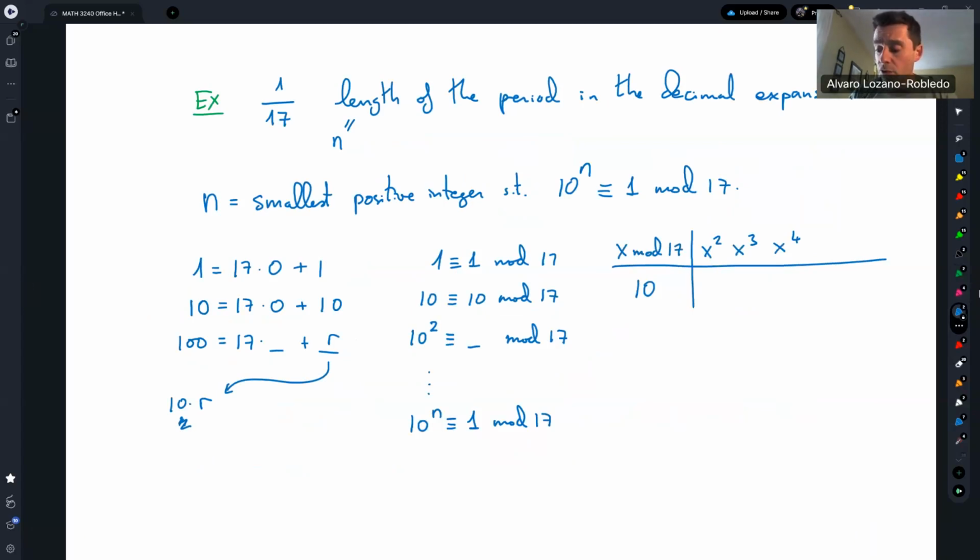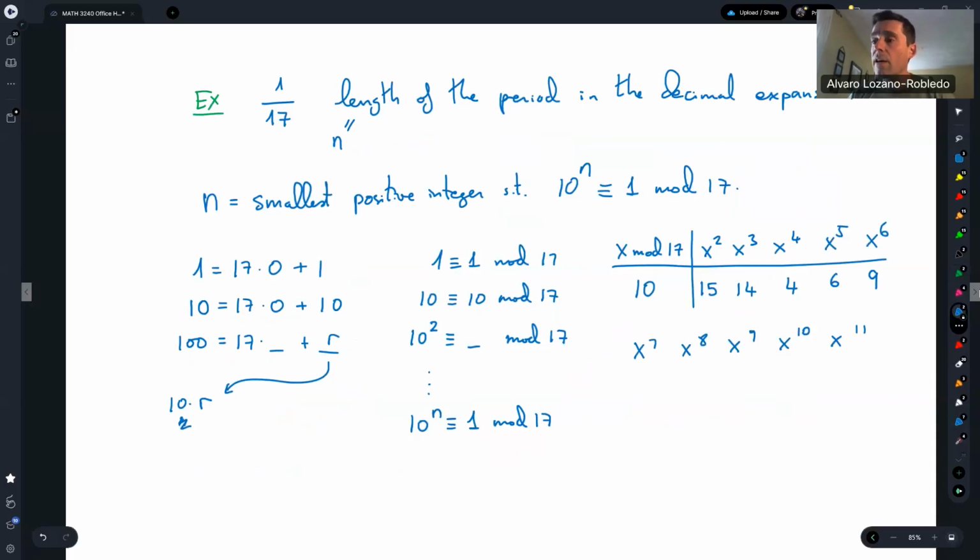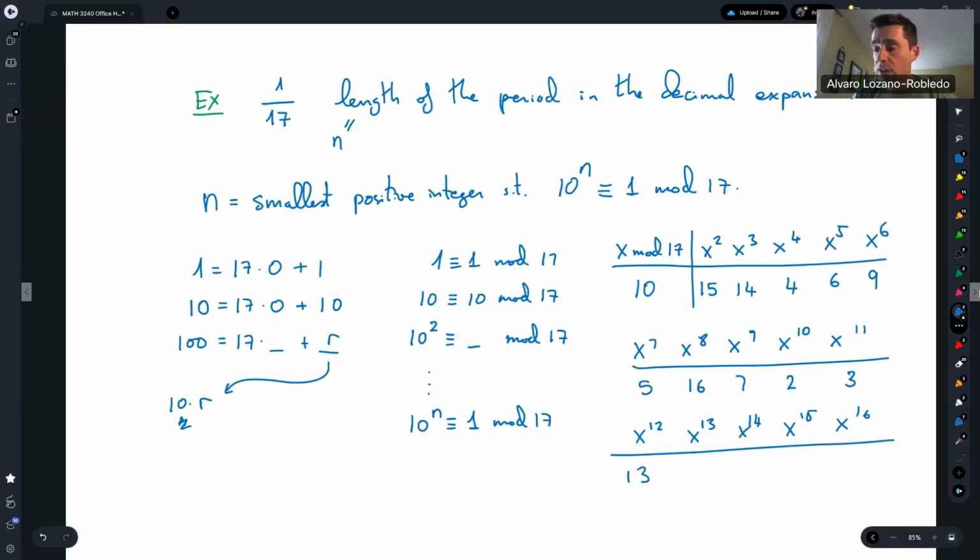So 10 squared, 100, turns out to be 15, then it's 14, then it's 4, and so on. Continuing through x to the 8, x to the 9, x to the 10, x to the 11, which is 3, then x to the 12 through x to the 16: 13, 11, 8, 12, and 1.